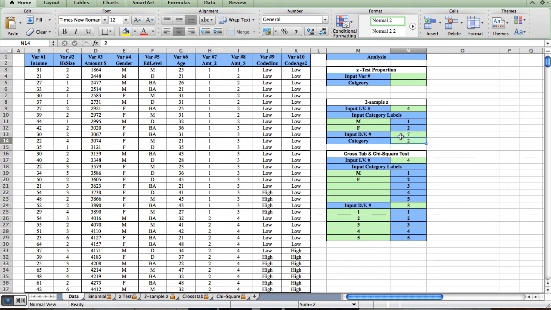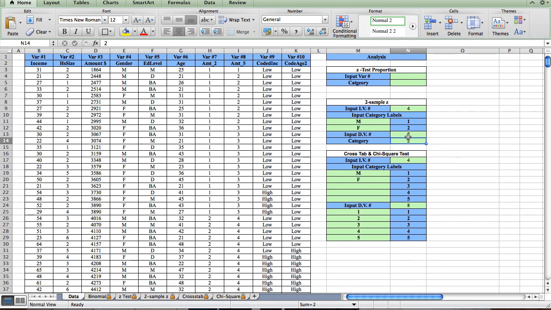By inputting the success category 2, what we're doing is we're comparing statistically the proportion of men in our sample who are in the high category of spending, category 2, against the proportion of women in our sample who are in that high category of spending.